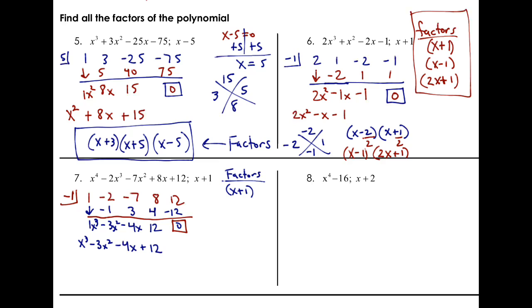Now, this is a little bit different because it's not a quadratic, it's not an x squared. But if you remember factor by grouping, you can factor by grouping, or you can use that calculator trick that I gave you to find the zeros, but then you'd have to work backwards. And so we're going to factor by grouping.